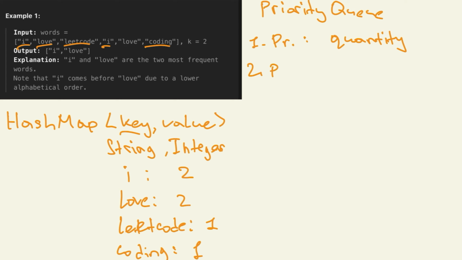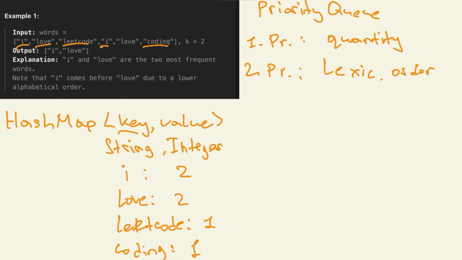The second priority will be their lexicographical order. The priority queue takes two elements as an argument, for example A and B. A is I, B is love, and so on.